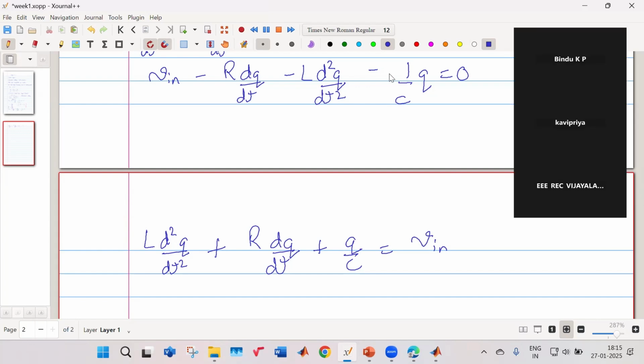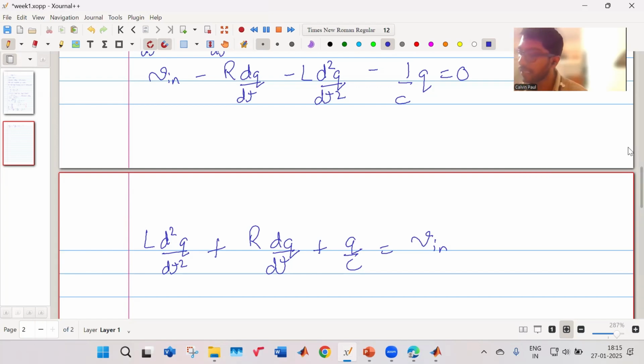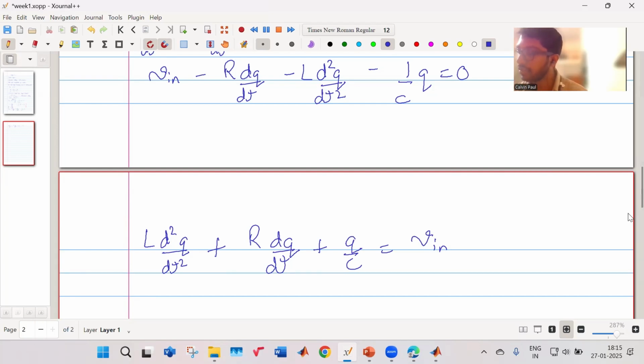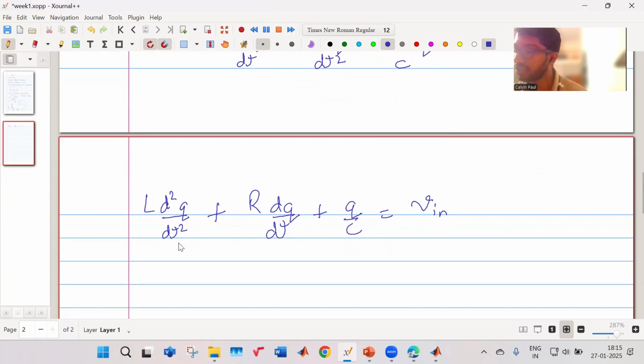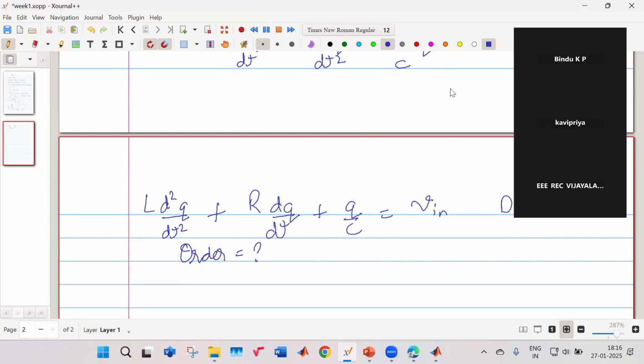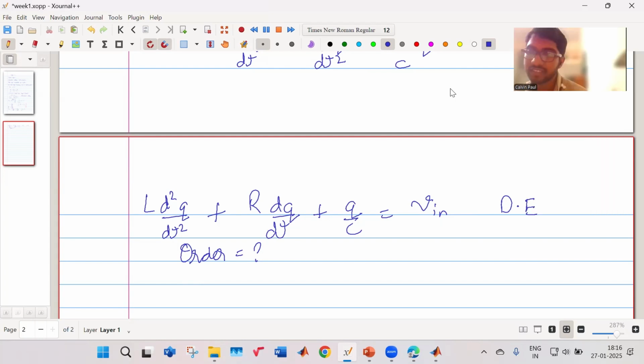Okay. So let us consider, what is the order of this differential equation? You can see it's a differential equation. And what is the order? How do we determine the order of a differential equation? Okay.